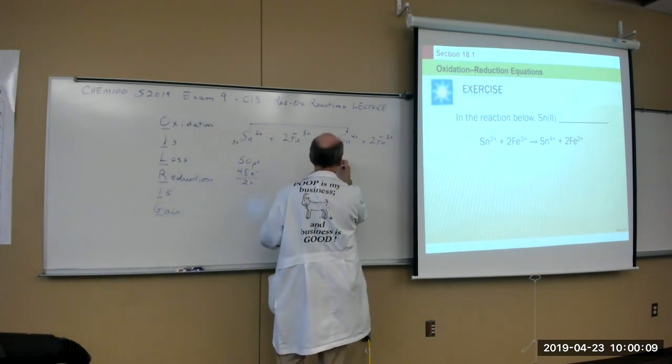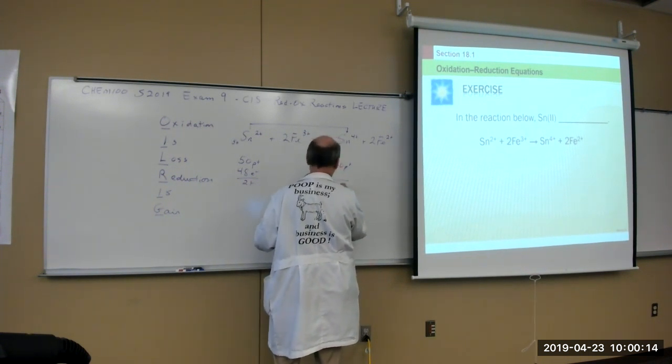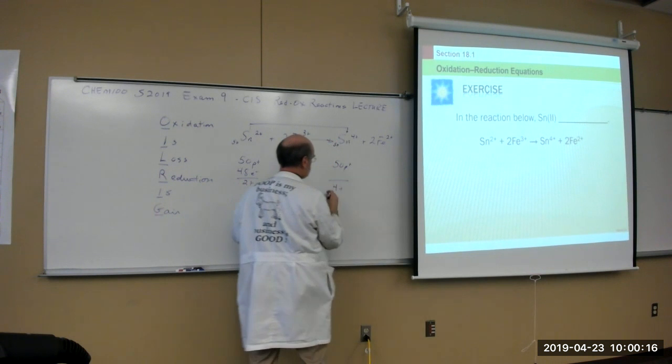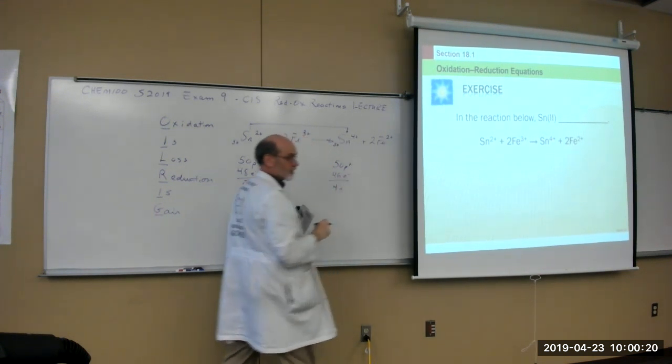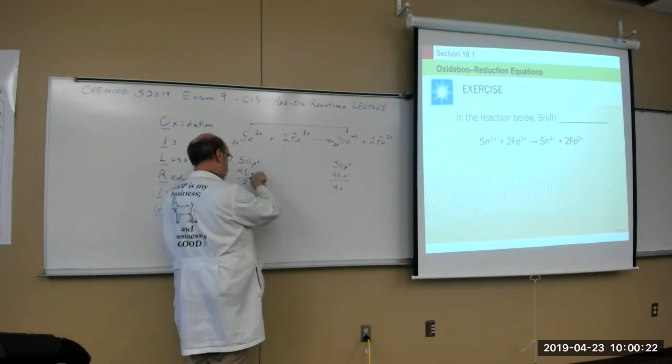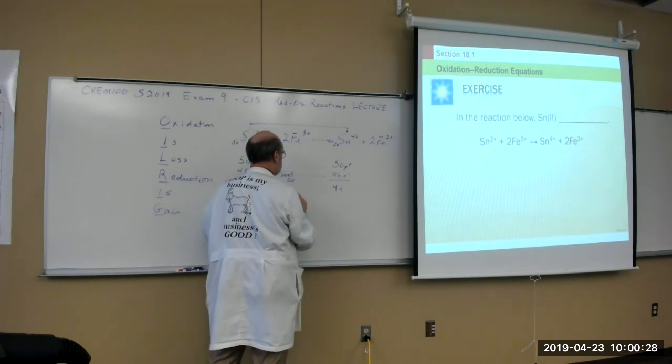So on this side, we still have 50 protons, but we want 4+ charge. So that means we need 46 electrons. So in order to get from here to here, we've lost 2 electrons.